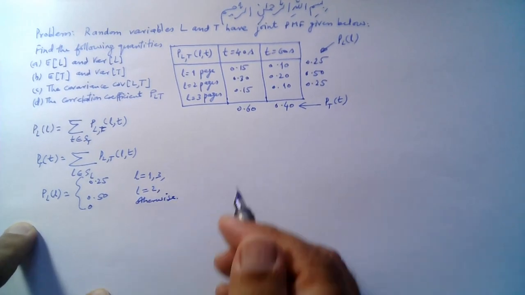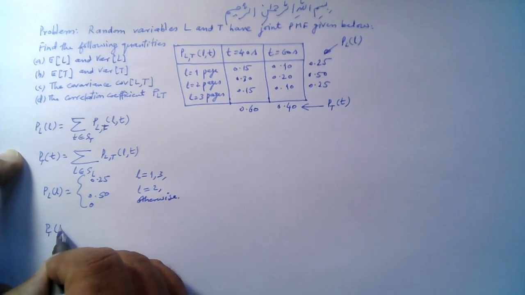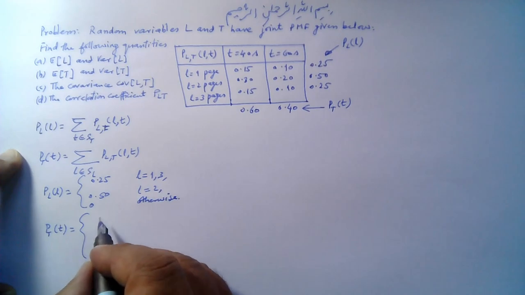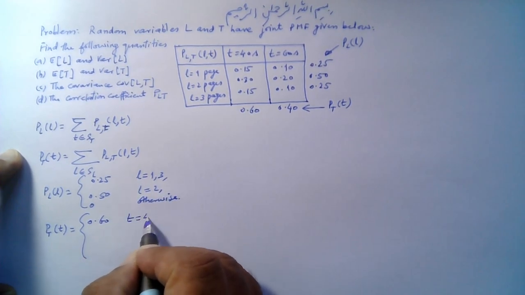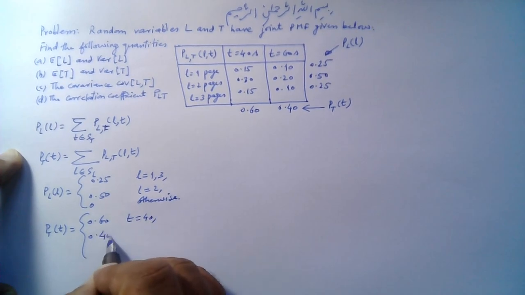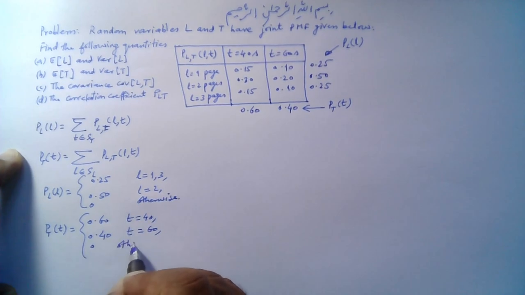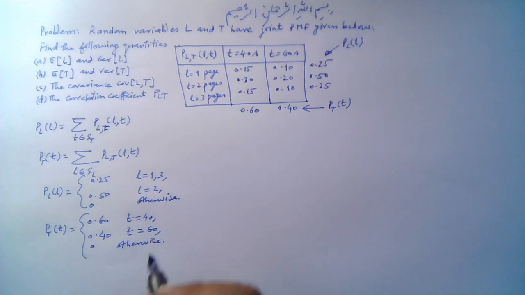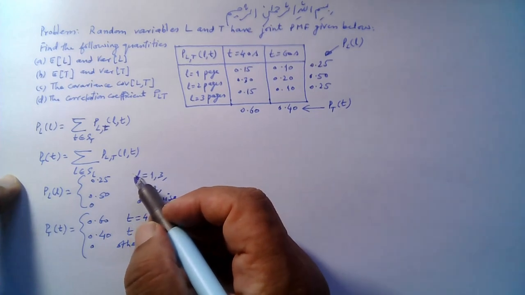Okay, so this is the PMF of random variable L, and likewise we can write the PMF of random variable T. This is 0.60 when T is equal to 40, and this is 0.40 when T is equal to 60, and this is 0 otherwise, right? So these are the PMFs of the random variables L and T that we have derived.